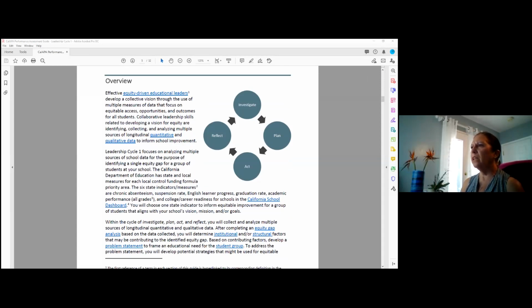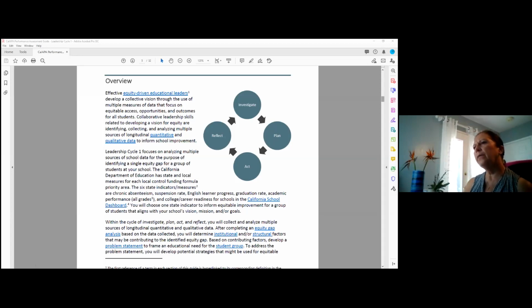That is one school site. They start with investigating what's happening at that site. Based on that investigation, guided by a series of prompts, they then go on and prepare a plan of action. They take action on that plan of action, and then in that 4th step they reflect on what in fact happened. What did they learn, and how does this apply to their own development as an equitable leader?